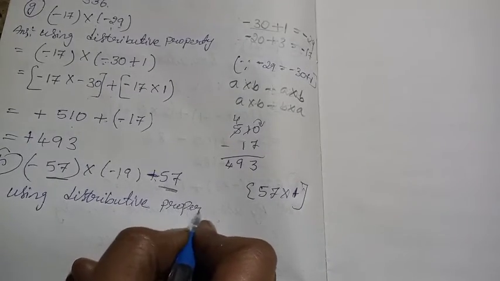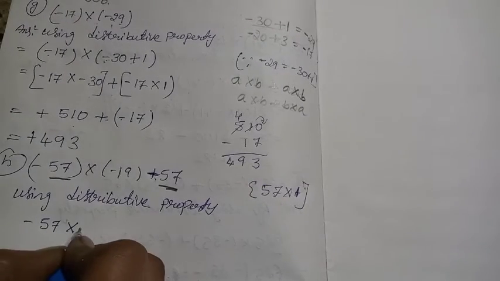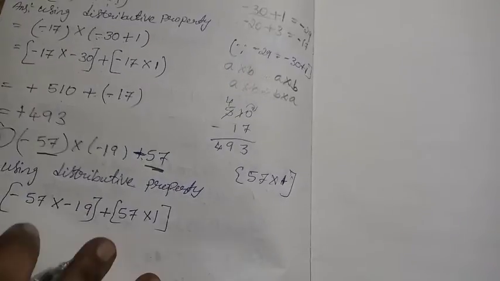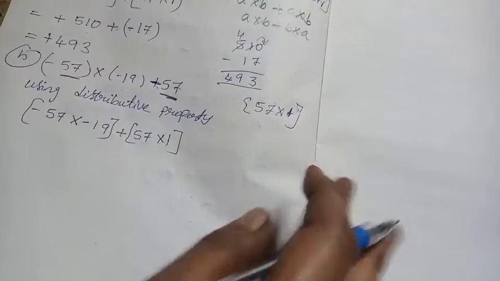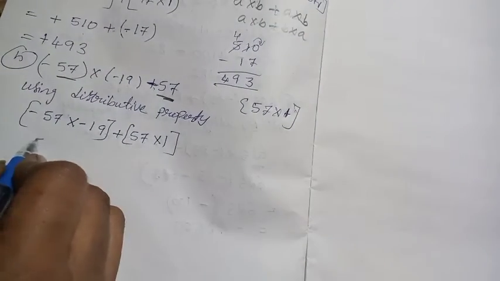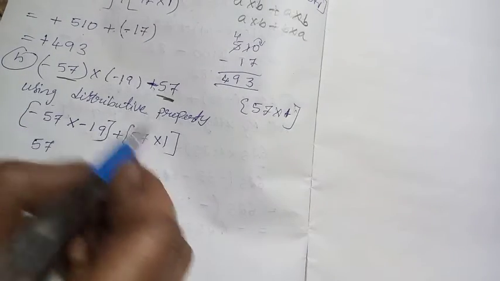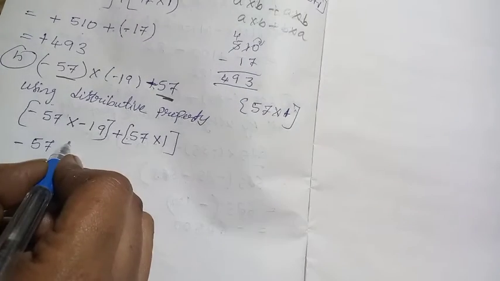Okay, so minus 57 into minus 19. Look here, I am going to take it 1, this for this. If you want, you can write this in pencil on the side, then it is easy for you to remember, right? So now I am going to take 57 common. Here minus 57 is there, here plus 57 is there. I am going to take minus 57 only outside.